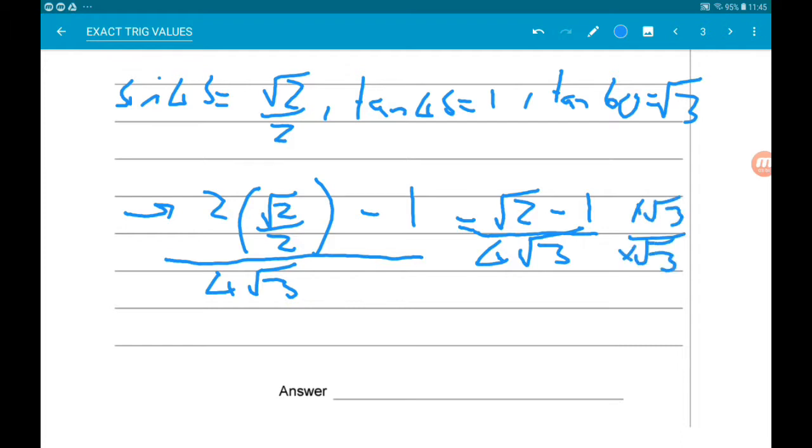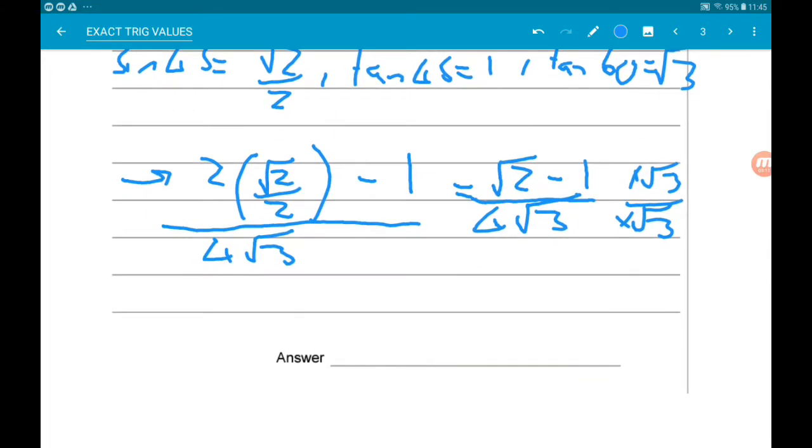Okay, so up on top, we're going to get root 2 times root 3, which is root 6. Minus 1 times root 3, so that's minus root 3.